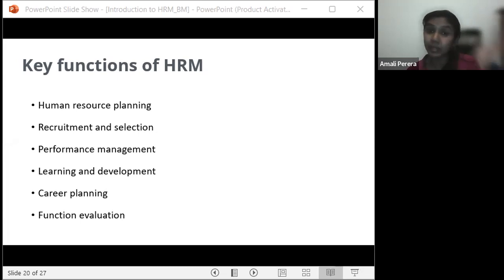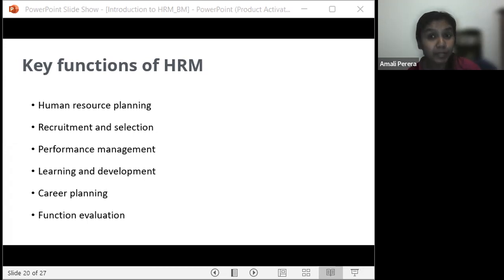It is a very big module, and you will be learning each of the key functions. All the interviews, medical tests, and selection tests come under recruitment and selection.